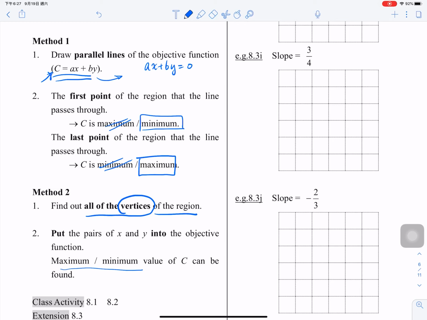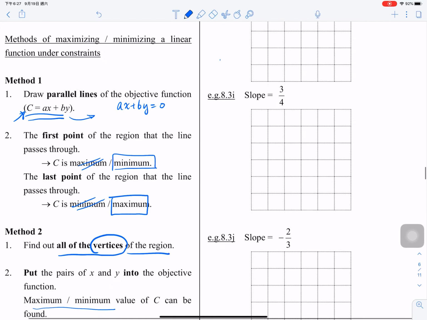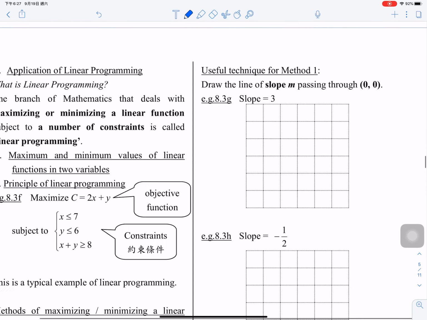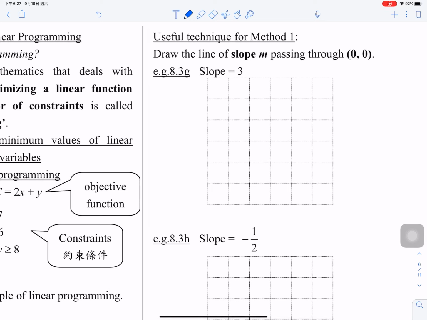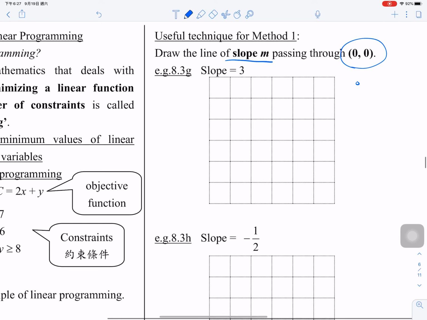Before we look at one example, I'll teach you a useful technique for method 1. That means if we draw a line with slope m that passes through 0, 0, how can we do it? Here the slope equals 3.